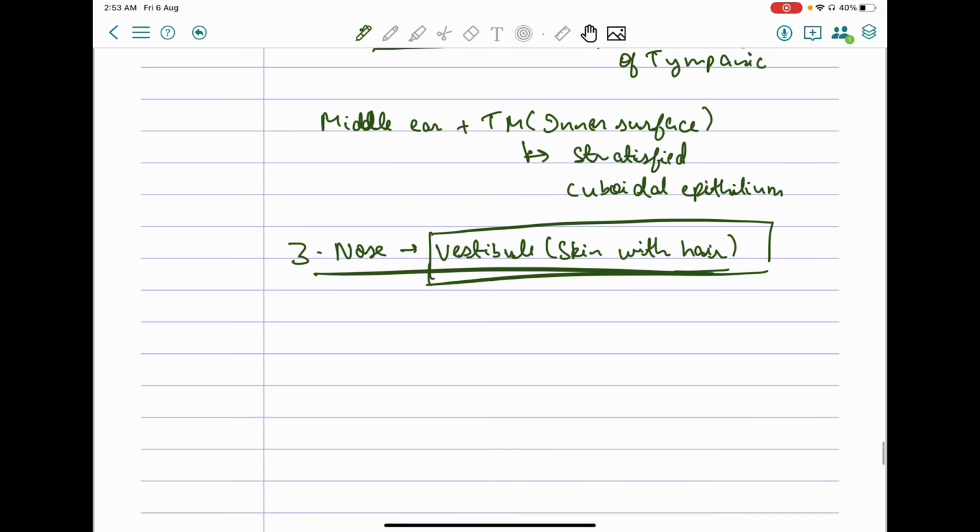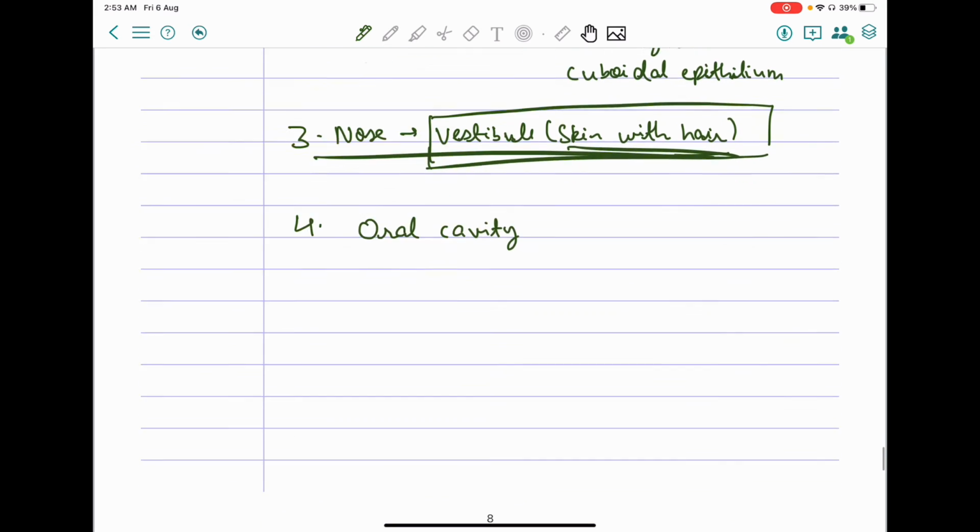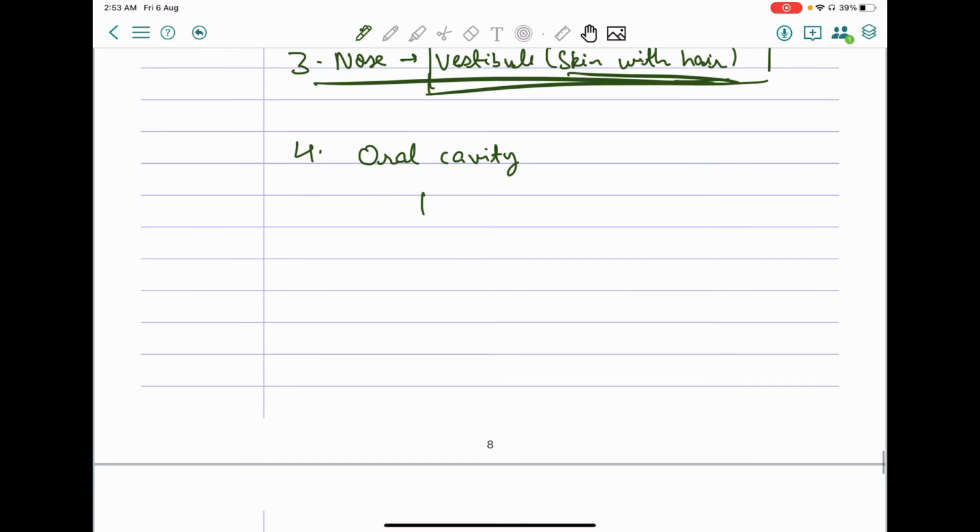Now we will talk about the oral cavity. But in the oral cavity, it is not as simple as the nose, where we directly say that the nose has stratified squamous epithelium because skin with hair is present in the vestibule. In the oral cavity, we will take two different types.